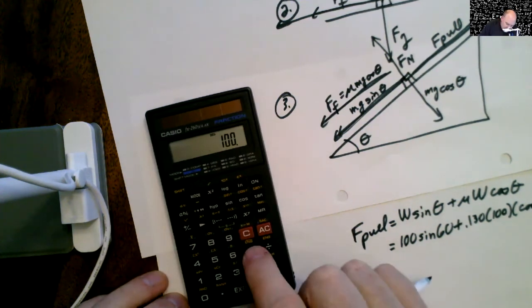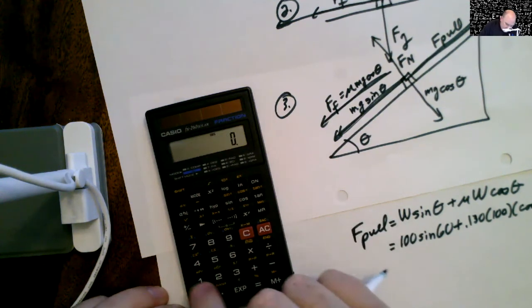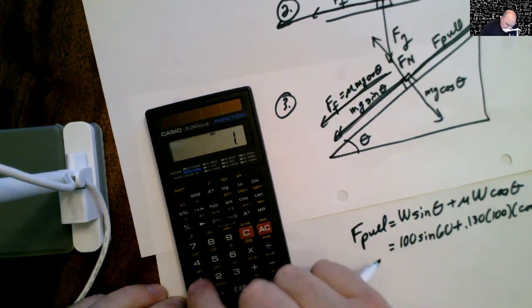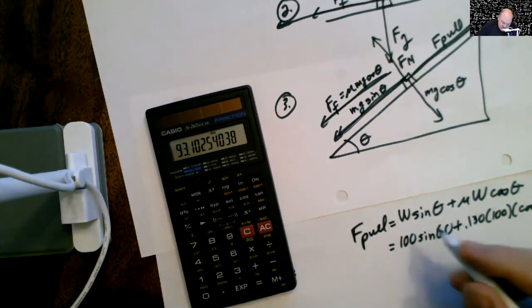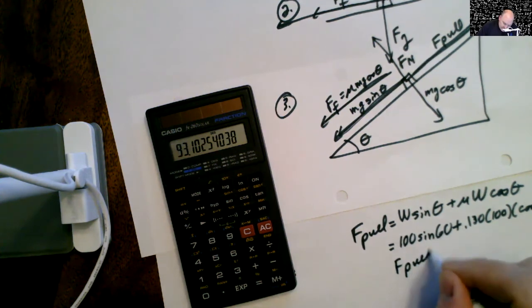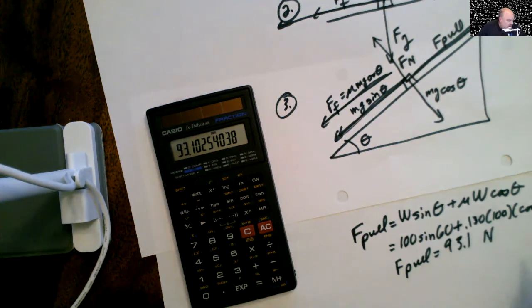So I have 100 times sine 60 plus 0.130 times 100 times cosine 60 equals, and I get an F pull, a pull force of 93.1 newtons. And if you check that drop down in the inquiry, that should be correct.